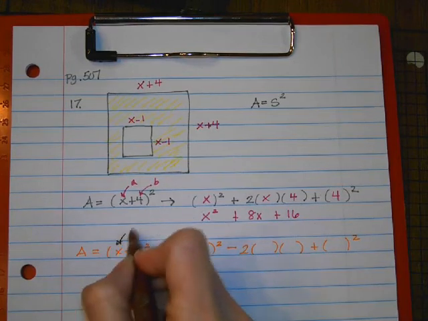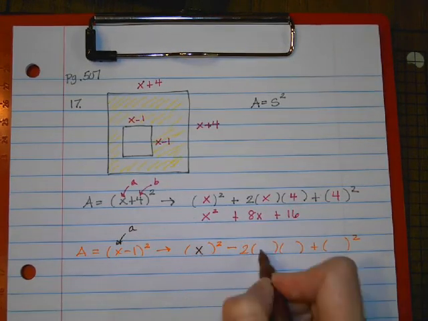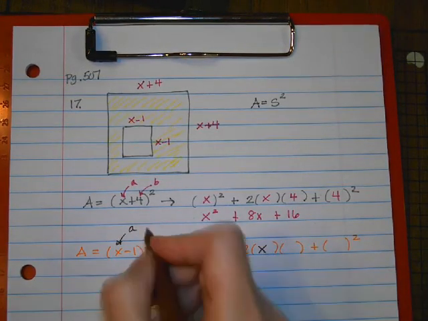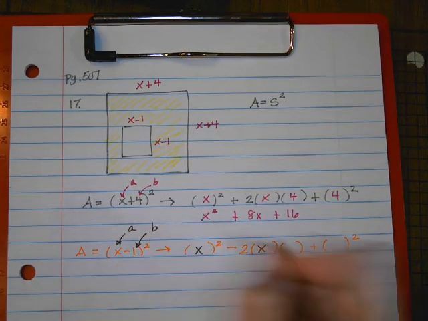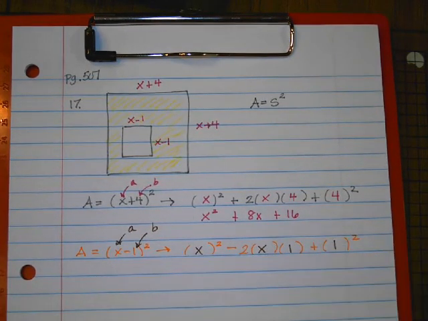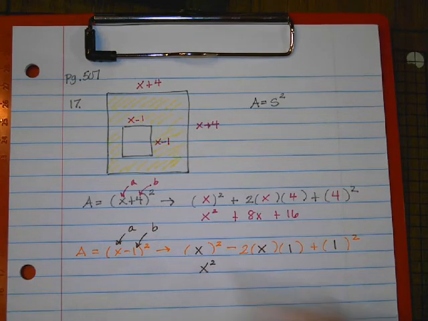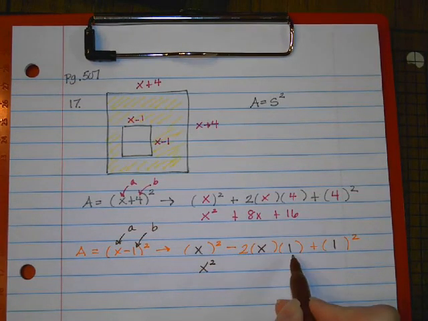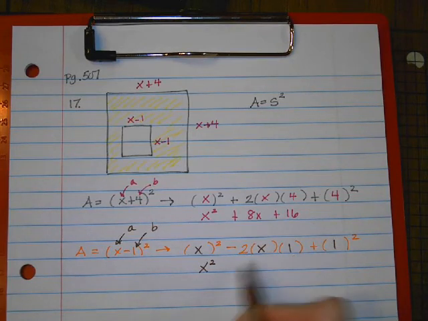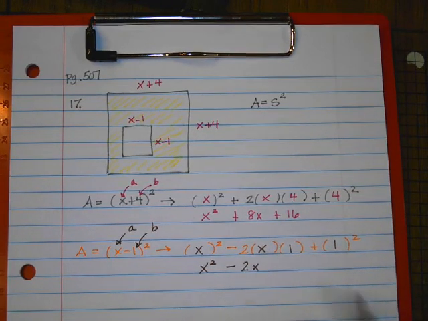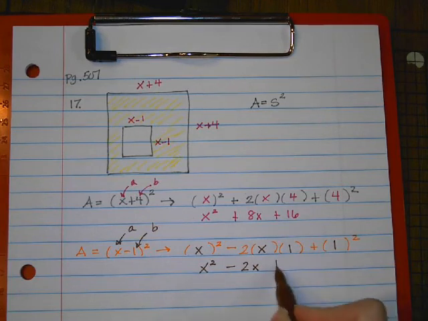This first value, the x, is my a value, so I put it in the a slots. This 1 is my b value, so I put the 1 in the b slots. And solve. x squared, well, that's x squared. Negative 2 times 1 is negative 2 times x is negative 2x. And then 1 times 1 is 1.